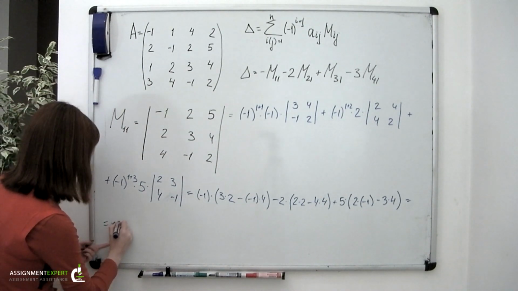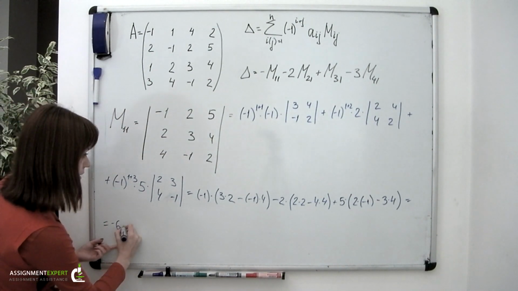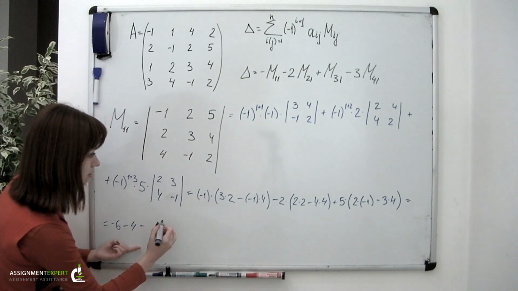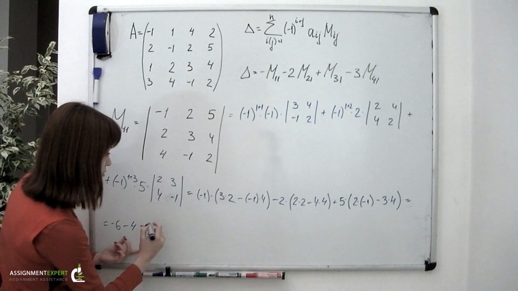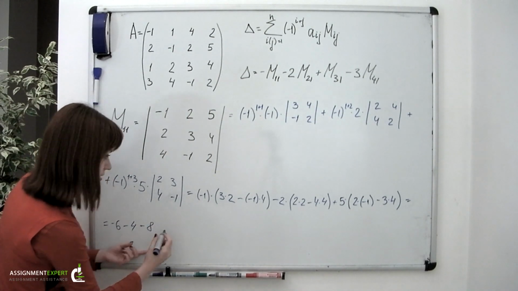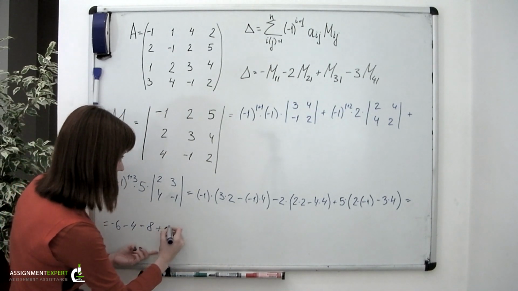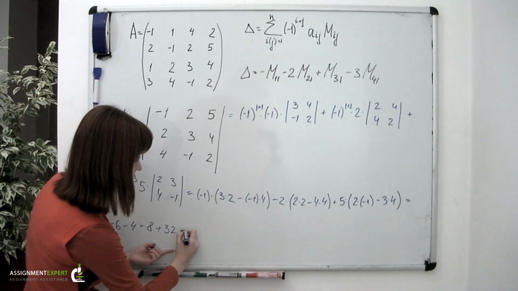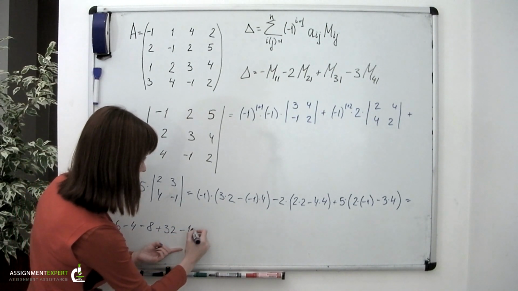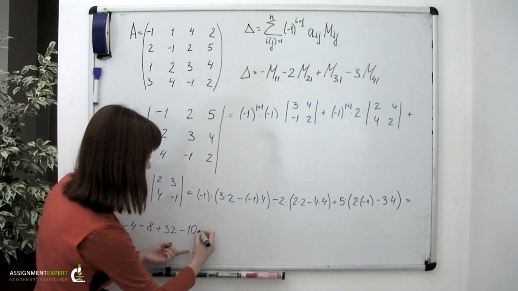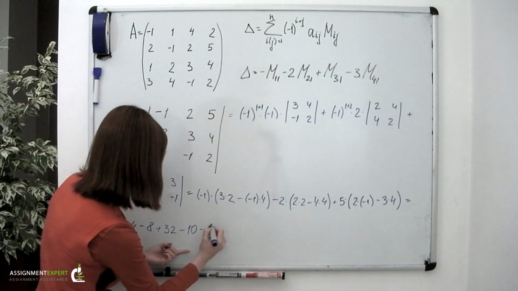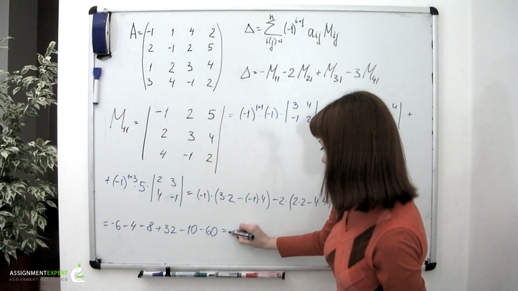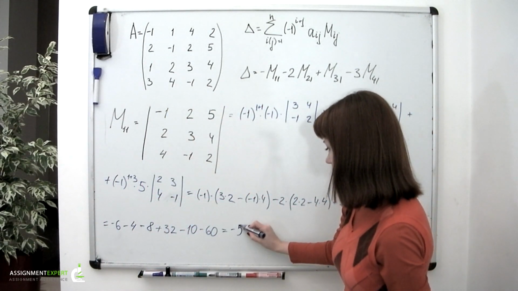So we have negative 6 minus 4 minus 2 times 4, which is 8, and then plus 32, and then minus 10, and minus 60, which is equal to negative 56.